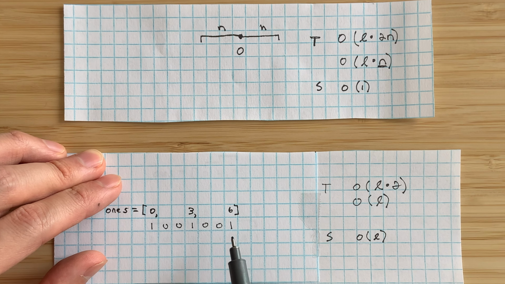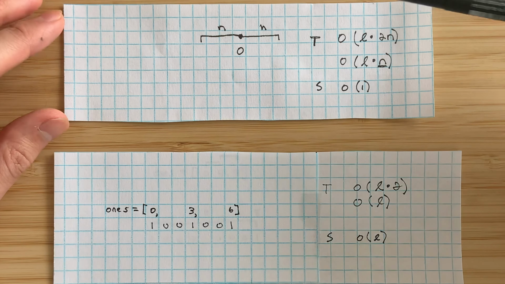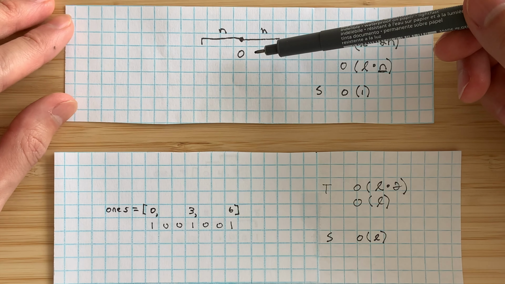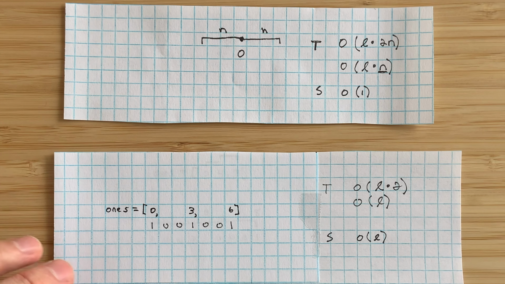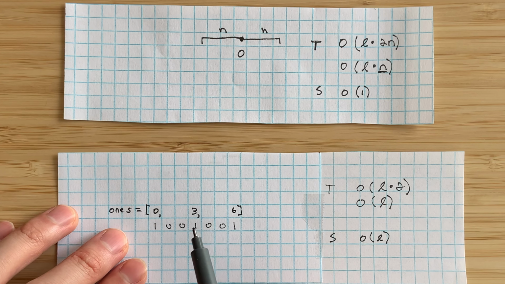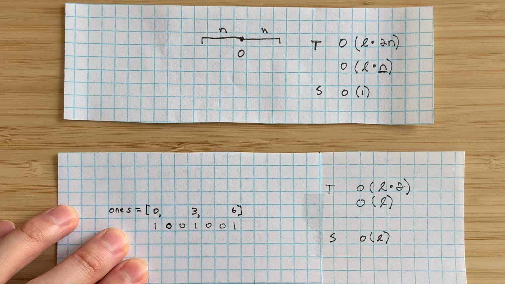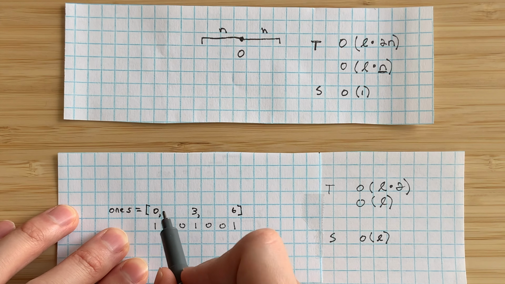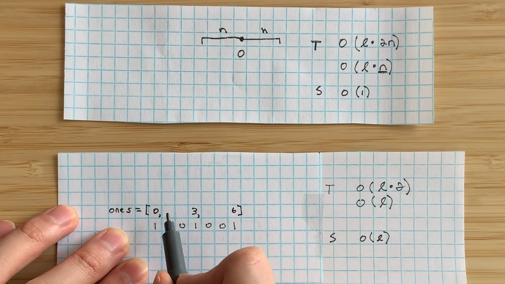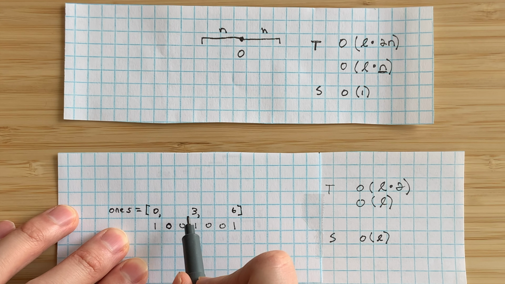How could we use this information to answer this question, is this 0 valid, faster? So let's say that we were examining the first 0 right here at index 1. We have in the array the information of the 2 ones that are closest, at 0 and index 3.